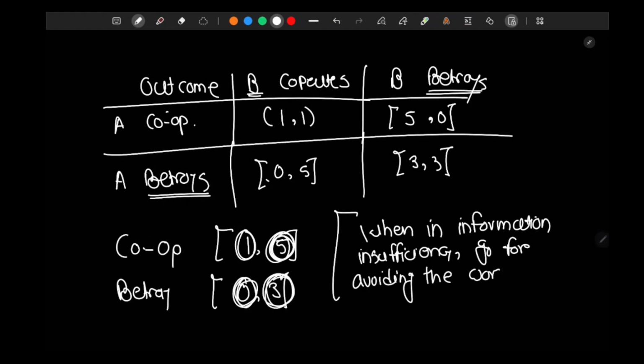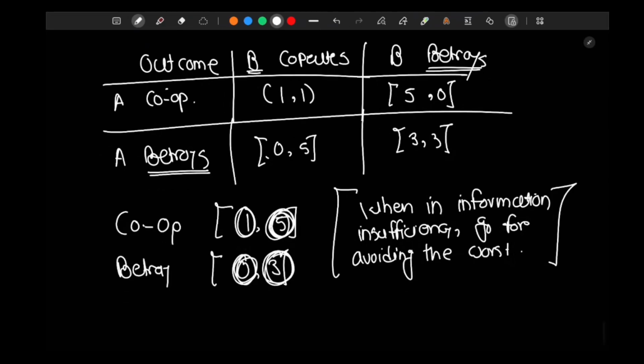When in information asymmetry, insufficiency, go for avoiding the worst. When there is not sufficient reliable information, when there is trust deficit, go for avoiding the worst. It is always better to betray than to cooperate. Right?